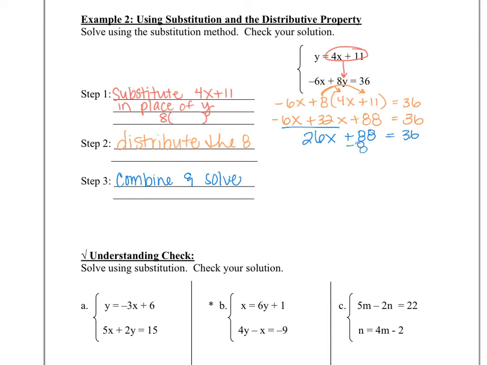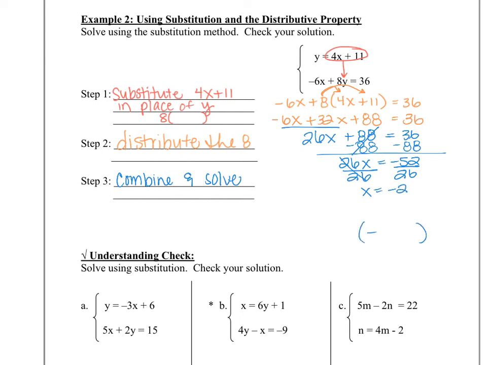So subtract 88 from both sides. And another thing you need a calculator for, 36 minus 88 gives you negative 52. So you got 26x equals negative 52. Divide by 26. And hopefully you guys know that that is negative 2.